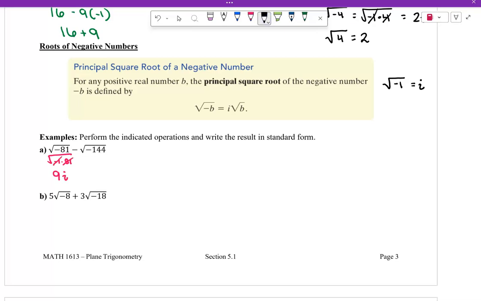Let's drop that minus sign down. Let's look at the next one. This would change to the square root of negative 1 times 144 because we already know what that is. The square root of 144 is 12. Square root of negative 1 is i. And then notice we can put these together. 9i minus 12i is a negative 3i. Okay?